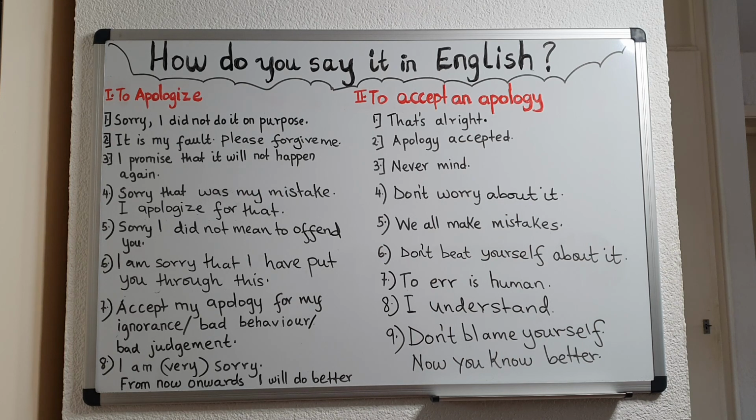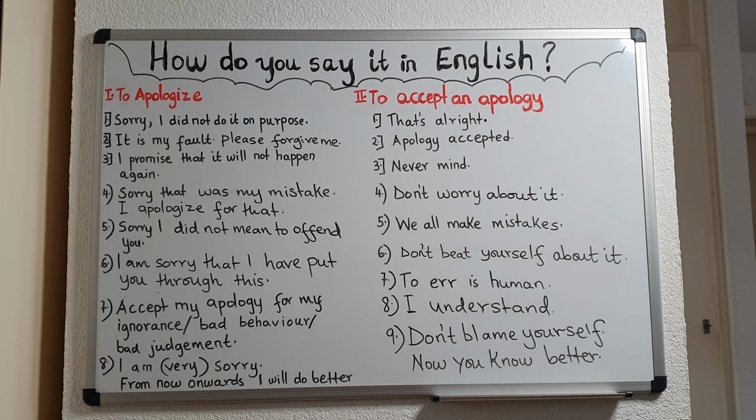Okay, so this brings me to the last section of our lesson where I read for you the expressions. Sorry, I did not do it on purpose. It is my fault. Please forgive me. I promise that it will not happen again. Sorry, that was my mistake. I apologize for that.